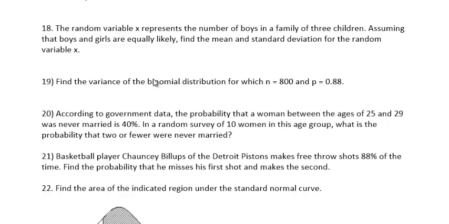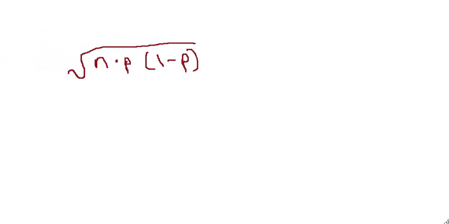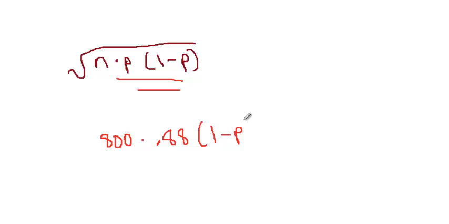The next question, number 19, find the variance of the binomial distribution for which n is 800 and p is 0.88. Now the variance is this formula, except that you don't have to take the square root. The standard deviation is if you take the square root. The variance is just what is inside of the square root. So the variance would be the n, which was 800 in the question, times the probability, which is 0.88, and times 1 minus the probability, and 1 minus 0.88 is 0.12.